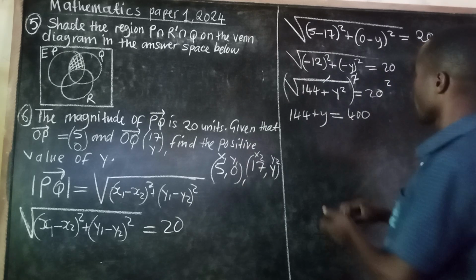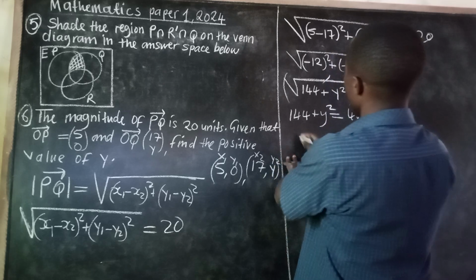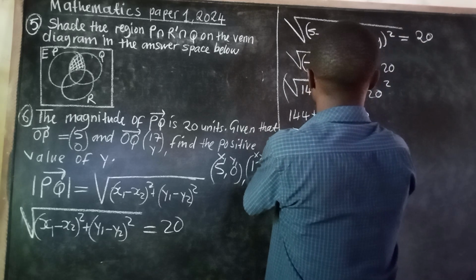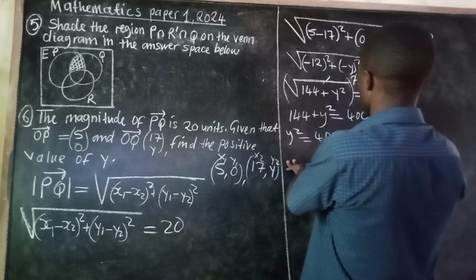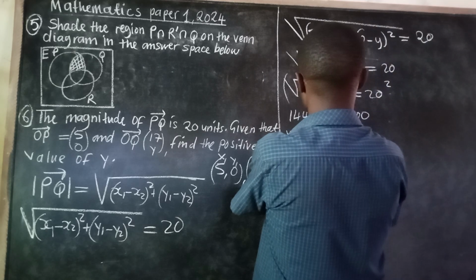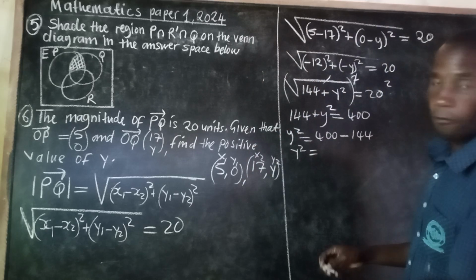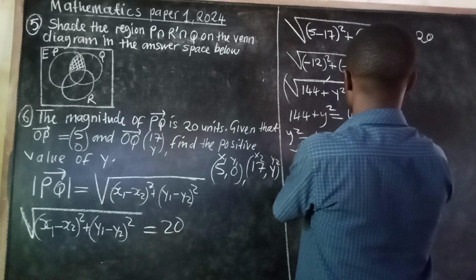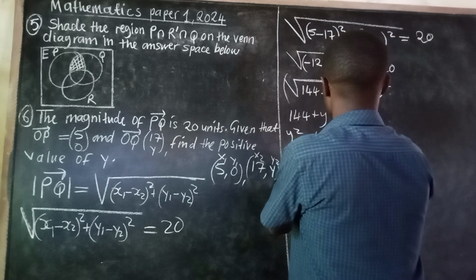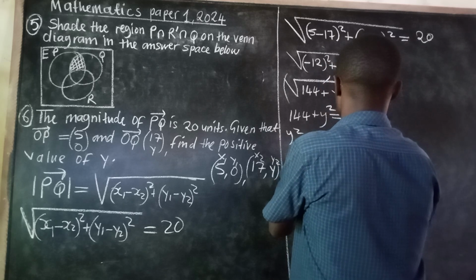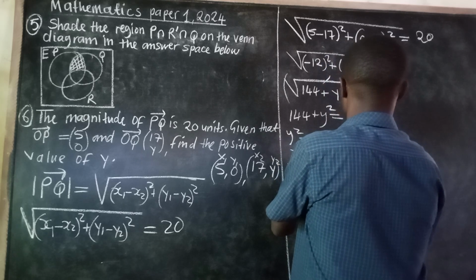Then from there we can collect the like terms. Remember, this is a square. So y squared is equal to 400 minus 144, which is 256. So we can square root both sides.